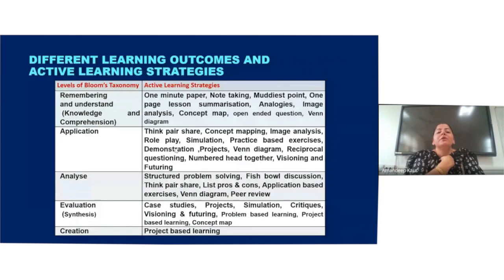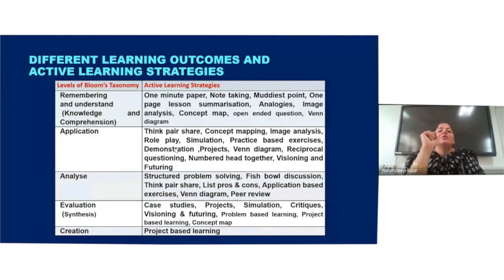So when it comes to remembering and understanding, it may be the 1 minute paper. What do we mean by 1 minute paper? Maybe you divided your lecture into three different parts. The major strategy selected by a teacher, suppose, is the lecture method. After delivering 15 minutes of content, I simply ask my class students what different key points they consider appropriate or important as far as the content covered up to now.